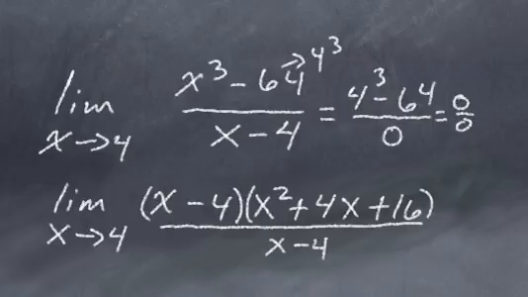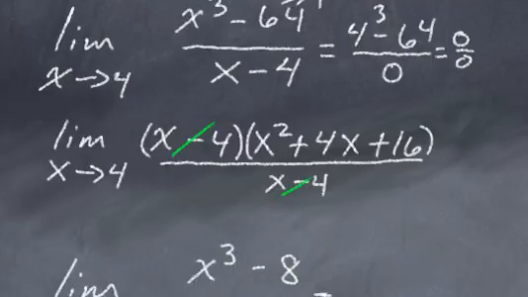So as you can see now, we're going to cancel some terms out. We have an x minus 4 in the top and in the bottom, so we can just get rid of that. And we're going to rewrite the limit again.